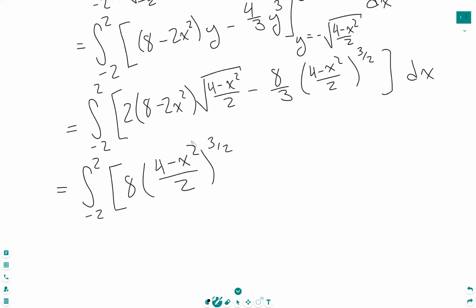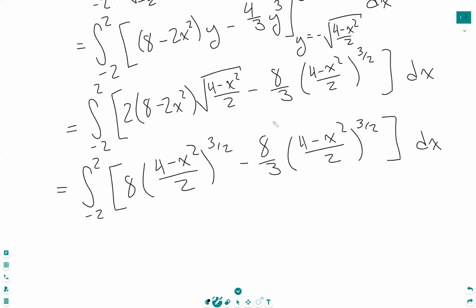So this is me rewriting this first term minus 8/3, and then I'm going to just keep the second term without changing anything. And now I have a similar term here, this 4 minus x squared over 2 to the 3/2 power.